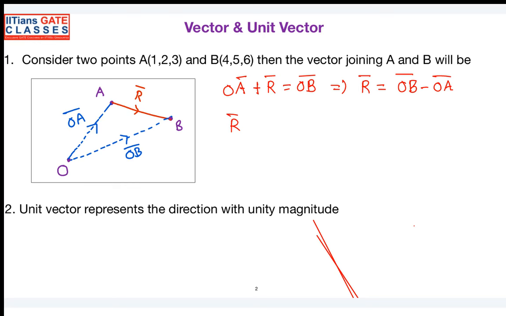So R bar can be written as OB bar, meaning the position B is located at 4, 5, 6, minus position A, which is located at 1, 2, 3.